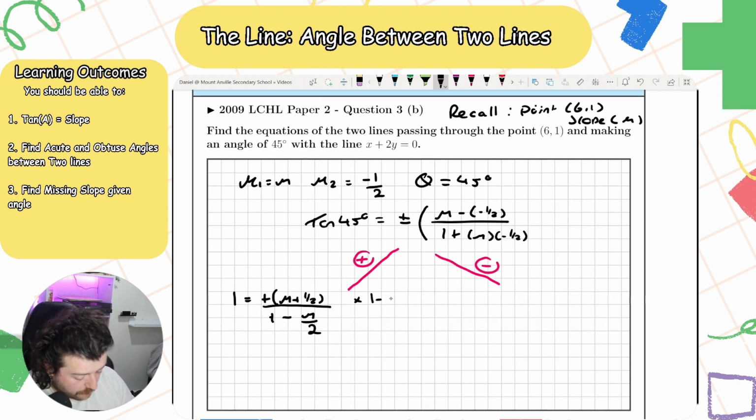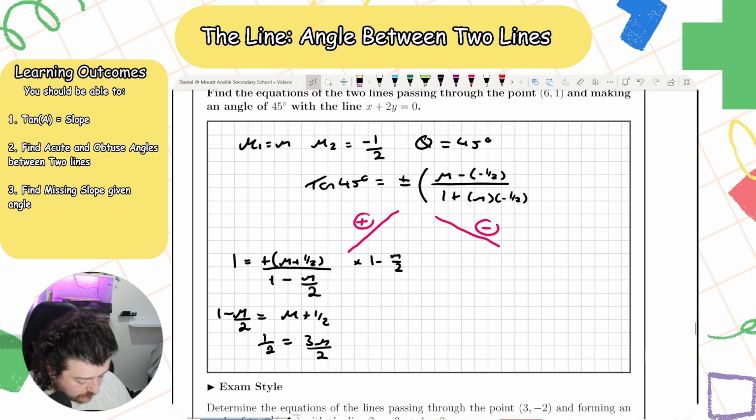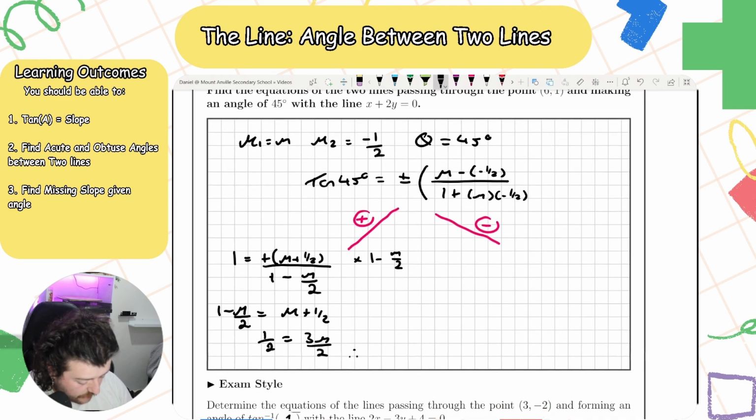Multiply both sides by 1 minus m over 2. 1 minus m over 2 is equal to m plus 1/2. Bring everything over to one side. 1/2 is going to be equal to m plus m over 2, which is 3m over 2. Therefore, my slope is going to be 1/3.